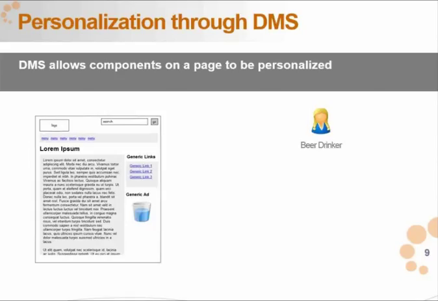If we know that there's a user who is a beer drinker, we will talk about how we determine that later. But if you own a liquor store and you see people walking around your liquor store, people who walk into the beer section, you know that they are looking for beer, right?